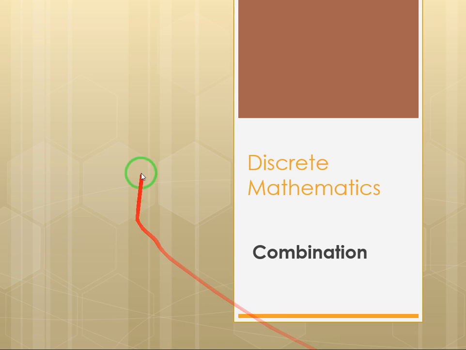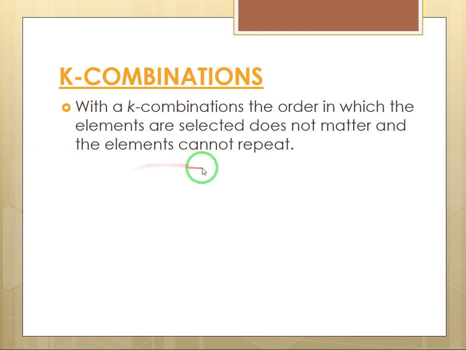The definition of combination and some characteristics of combination are, to some extent, just like a permutation, but we have something extra in the formula. Later on we will see the difference between a combination and a permutation. A K combination is like a K permutation.